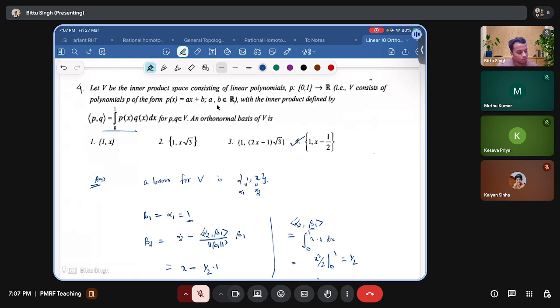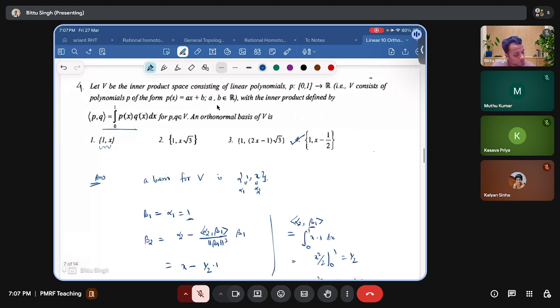Now it is immediate that, okay, not that much immediate, but yes, you need to see that the other options are not correct. That is, 1 and x cannot be orthogonal, otherwise this procedure will give you the same thing. The orthogonalization will give you the same answer.